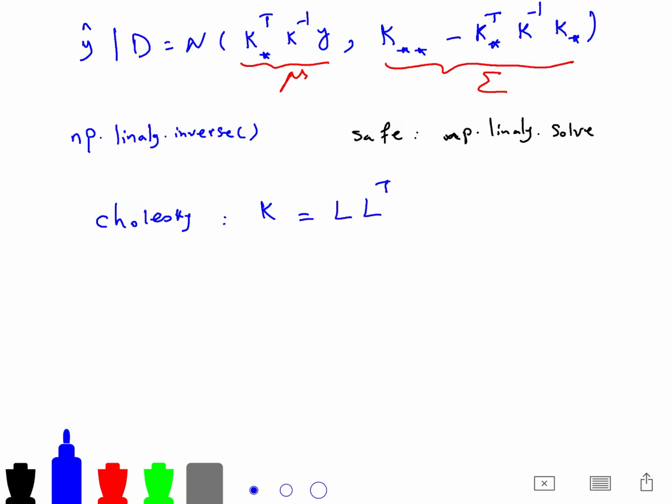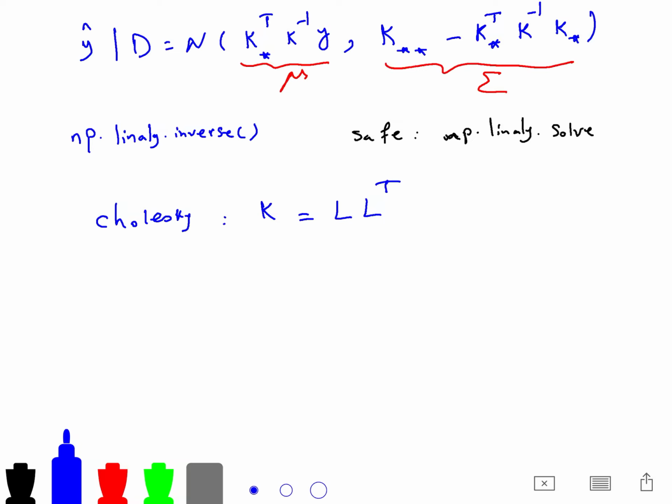And even the inversion of L is easy, because it is a lower triangular matrix, so there is a better, easier, and faster way to compute the inversion.